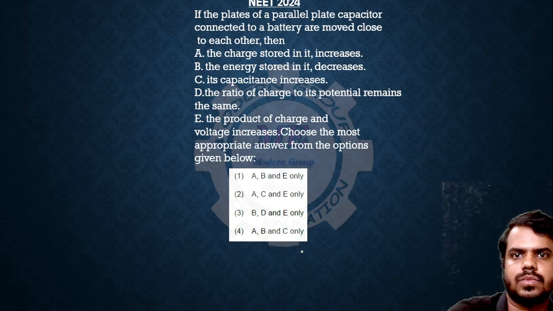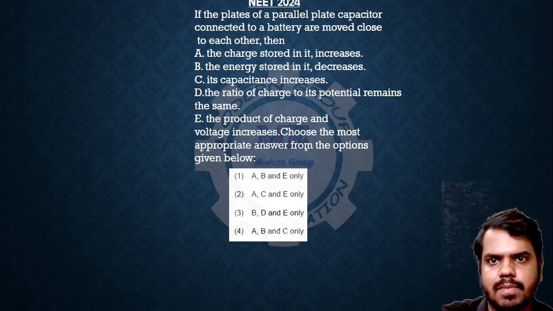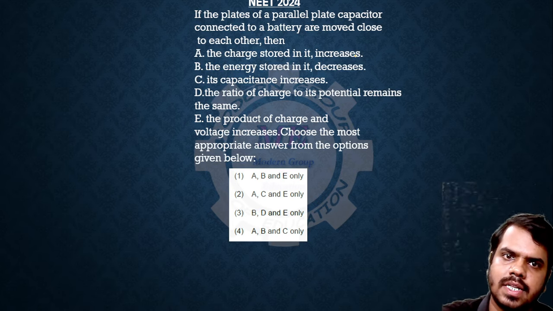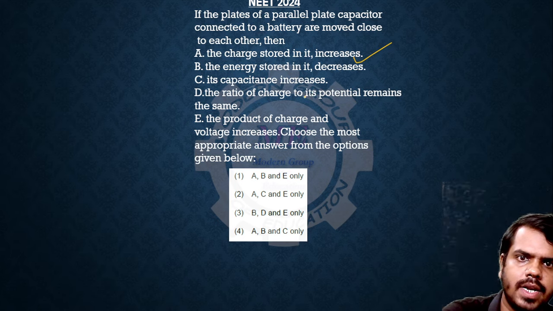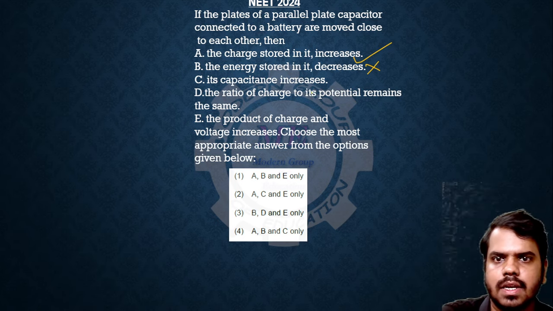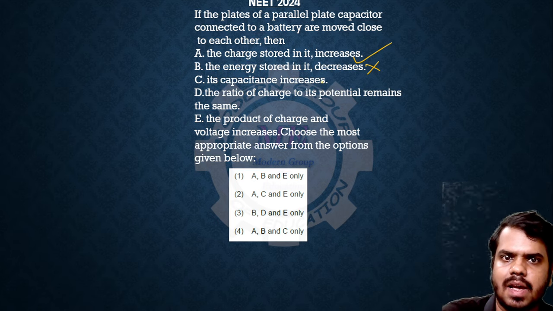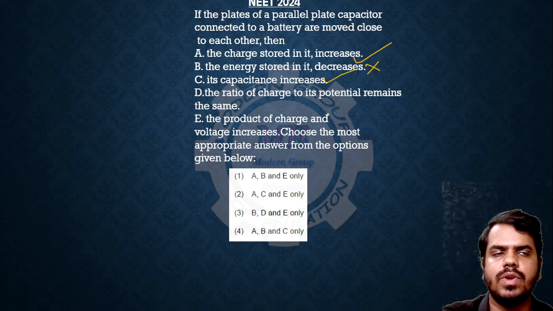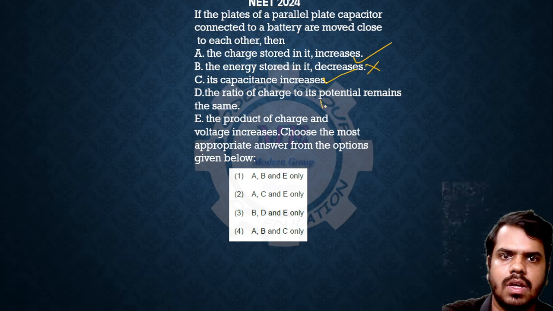The plates of a parallel plate capacitor connected to a battery are moved close to each other. Then the charge stored in it increases. It is okay. The energy stored in it decreases. It's not okay. Its capacitance increases. The ratio of charge to its potential, Q by V, means capacitance, also increases.